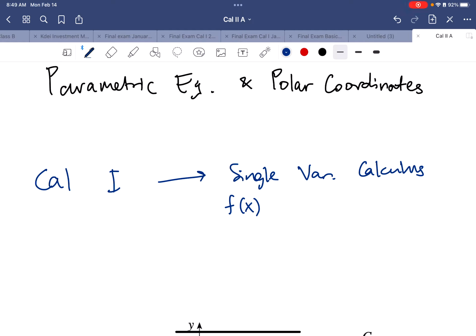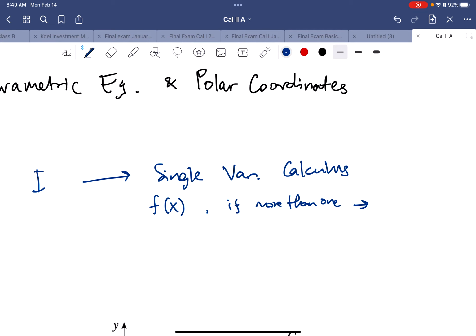If there is more than one, what we can do is we can approach with implicit. Okay? If more than one, implicitly we can still differentiate with the implicit differentiations.